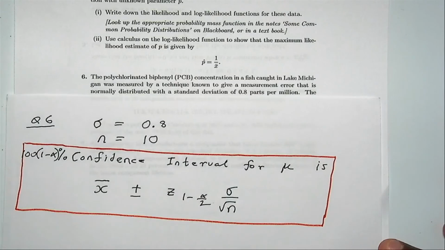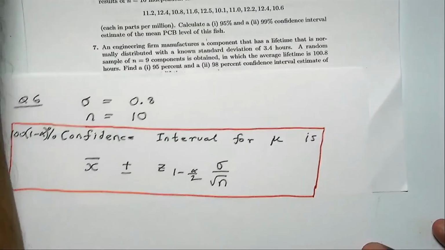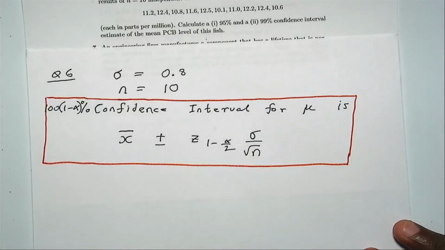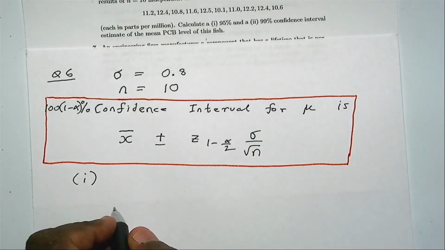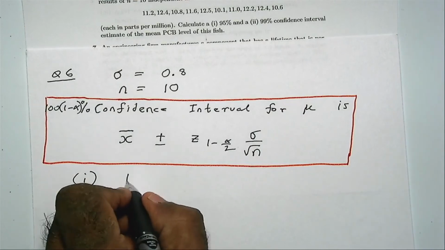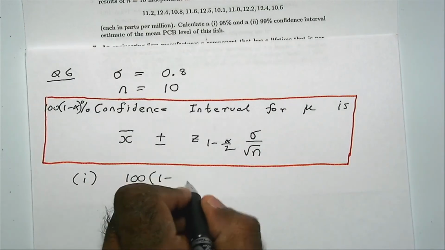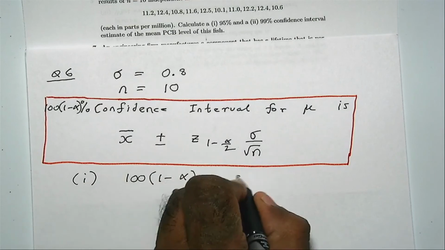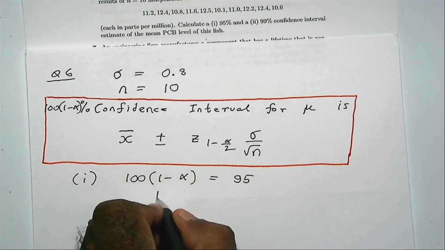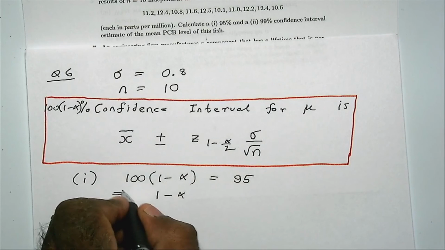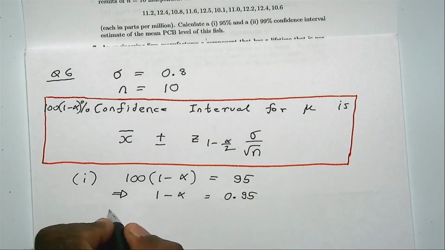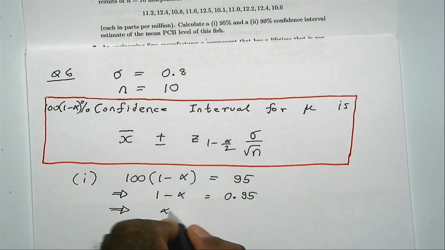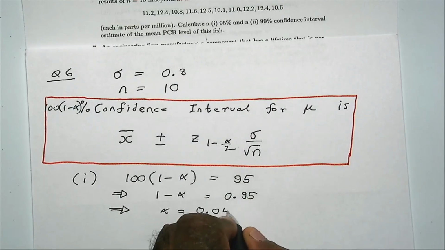So for the first part of the question, we want a 95% confidence interval. In other words, 100 times 1 minus alpha is 95. So that implies that your 1 minus alpha is 0.95 and your alpha is 0.05.